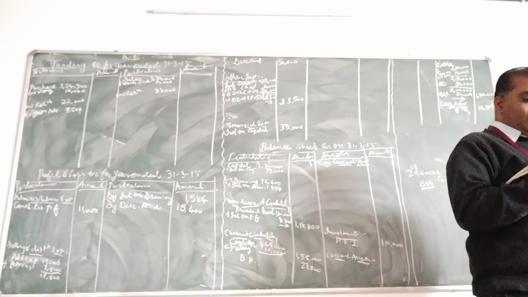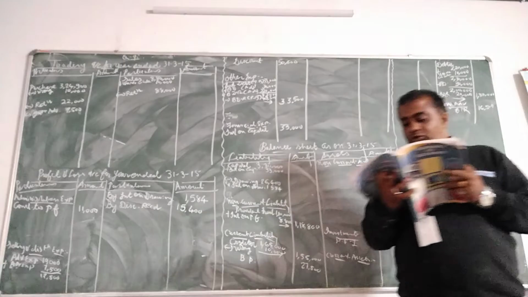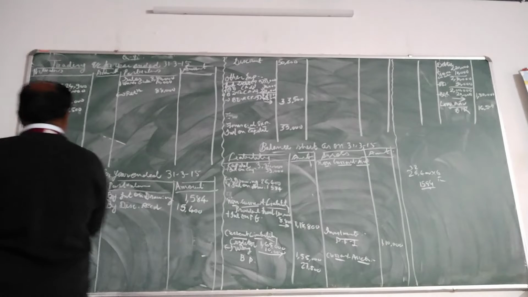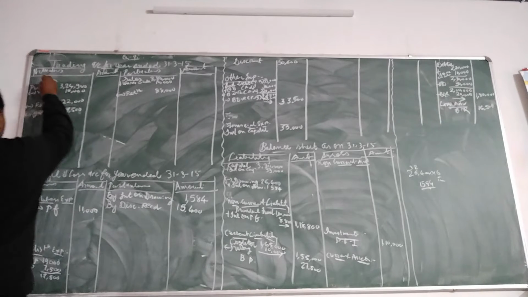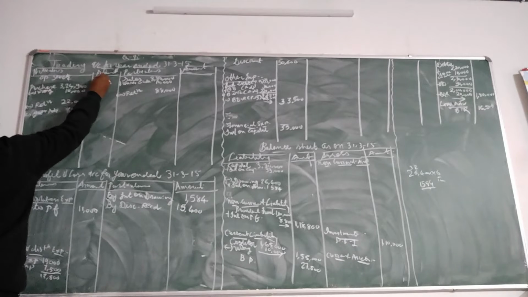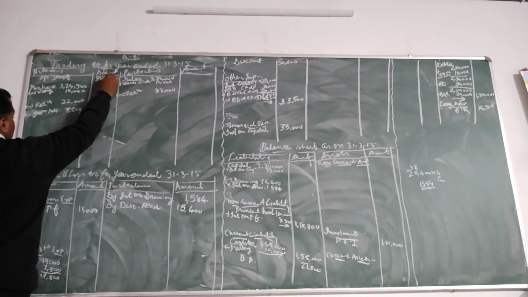Now goods stock 1/4/2014 means it is opening stock. Opening stock is 88,000. Trading account debit side, opening stock 88,000.